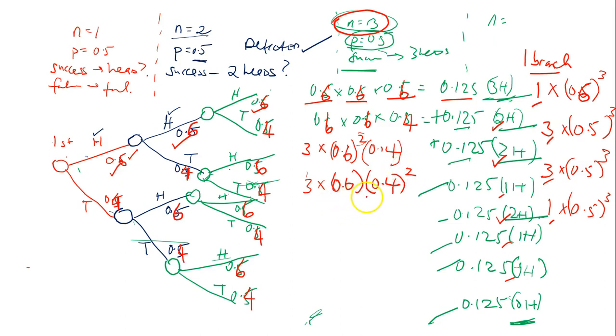I mean, because that's what we're doing. Where everything was the same, I was literally doing 0.5 times 0.5 times 0.5. Now I'm literally just multiplying 0.6 times 0.4 times 0.4.